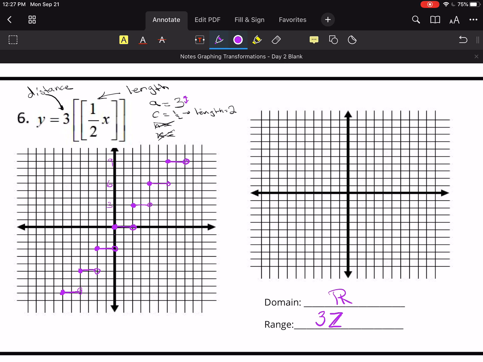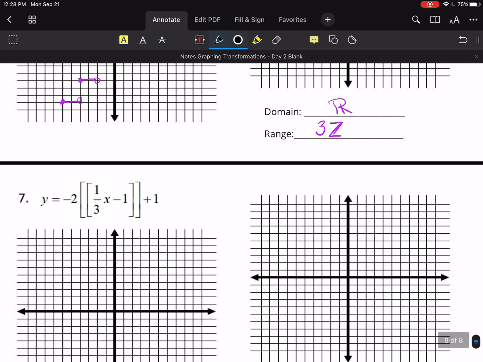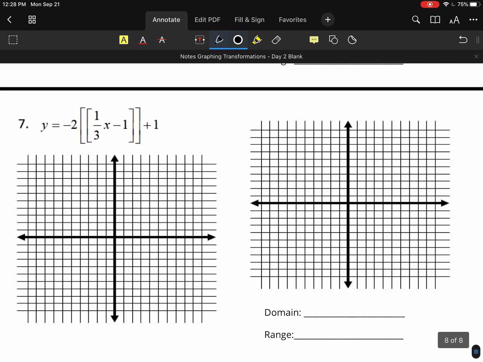Okay? Last problem here. Let's look at an integer function with everything. So I start by looking at the inside, right? And I need to change that. So my function, -2, I got to take the 1/3 out front. So that would be -3 plus 1.